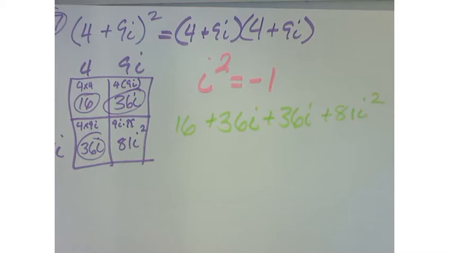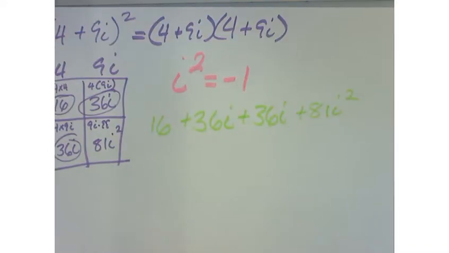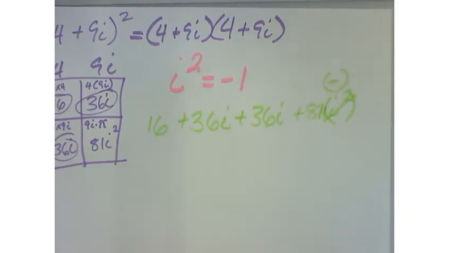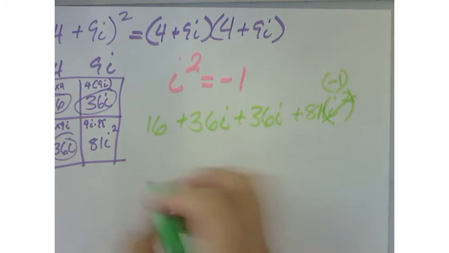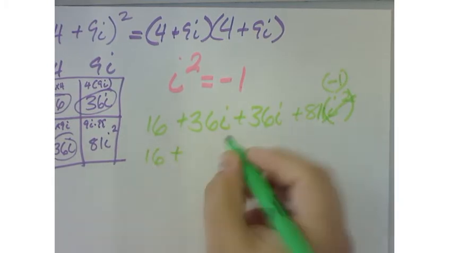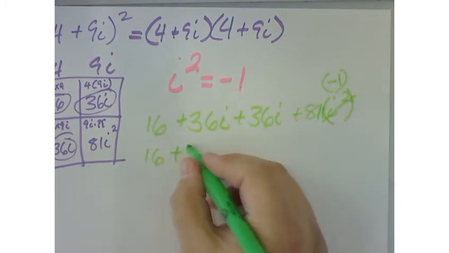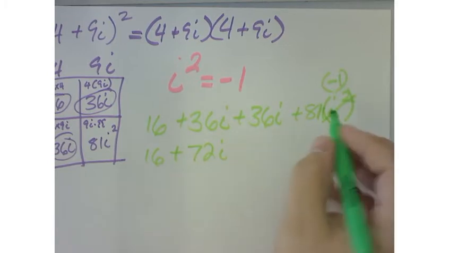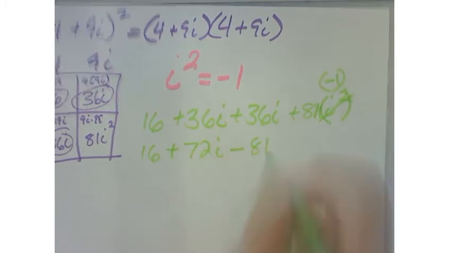But what did I say i squared was equal to? -1. So I'm going to replace the i squared with -1. So what that becomes is 16, 36 plus 36 is 72, and then this becomes minus 81.